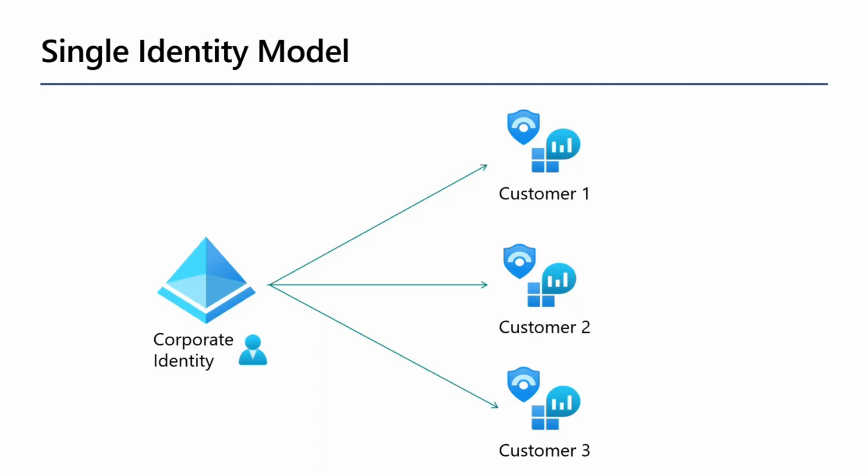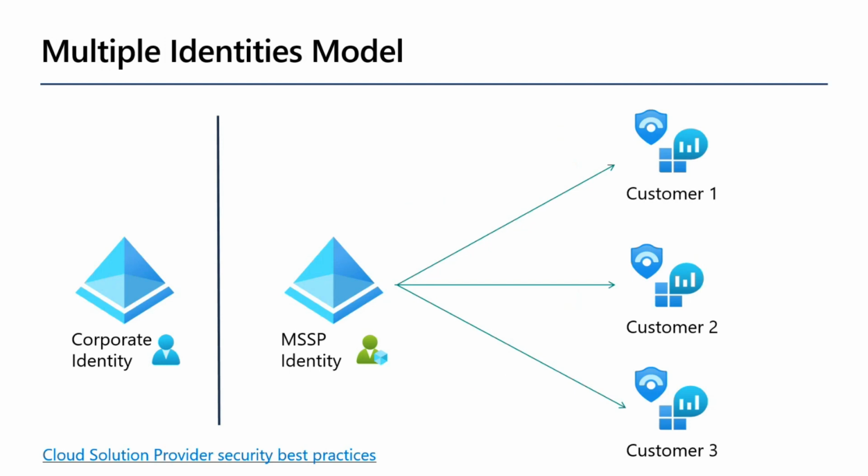And yes, it is supported, but I just wouldn't recommend it as a final configuration, with this being the end goal. The reason is attacks on your corporate identities are not only going to risk your corporate data, but they're also going to risk your customers' data, and vice versa as well. Any customer attacks may also spread to corporate resources.